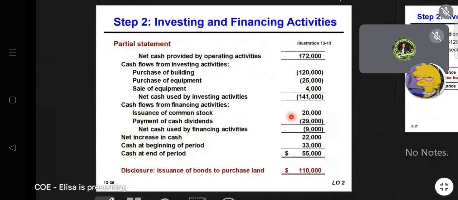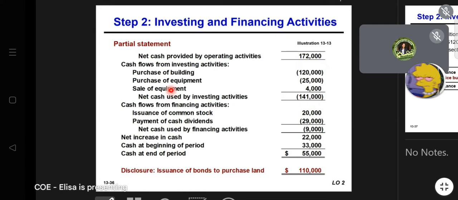Here, sale of equipment. This is the cash generated out of the sales, which is 4,000. So in cash flows from investing activities, we spent cash, but we received cash of 4. So the net is 141,000. This is your net cash used by investing activities.